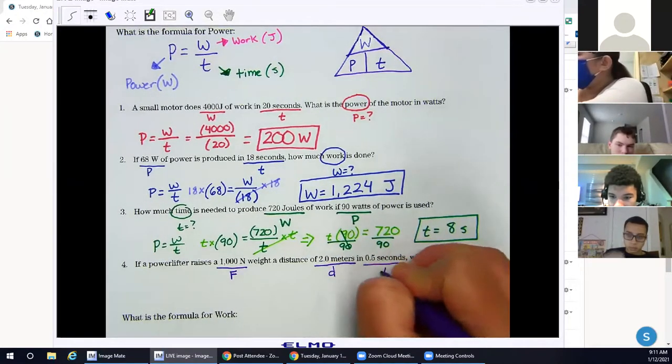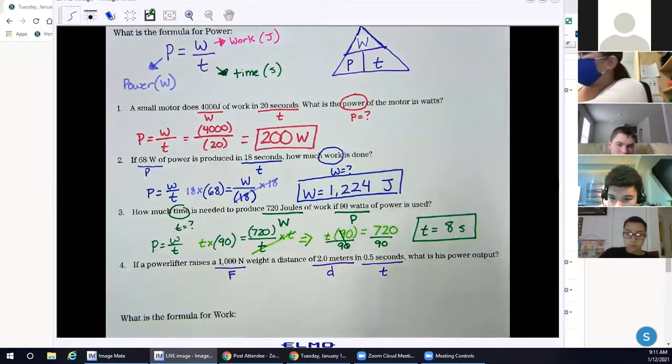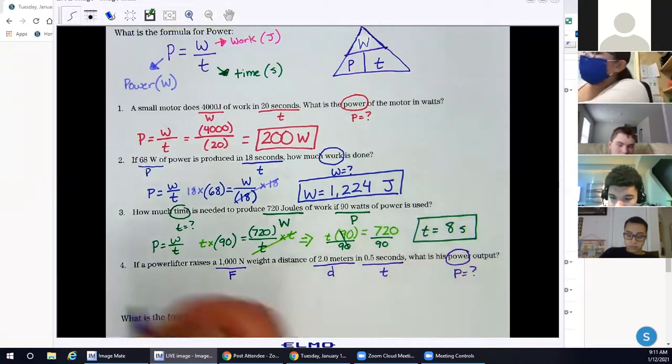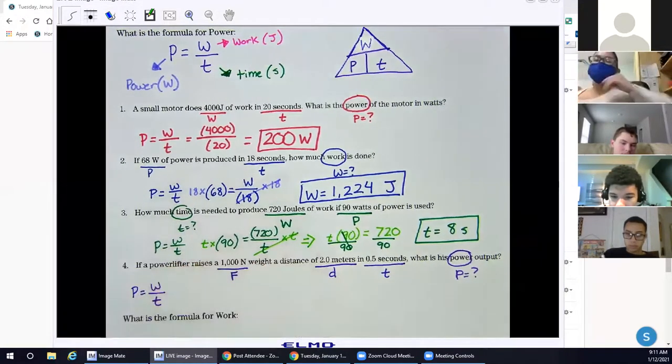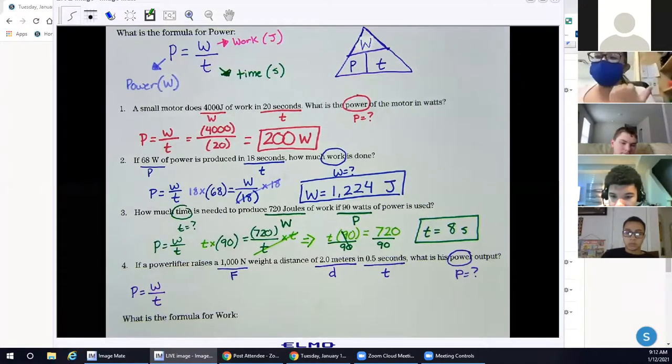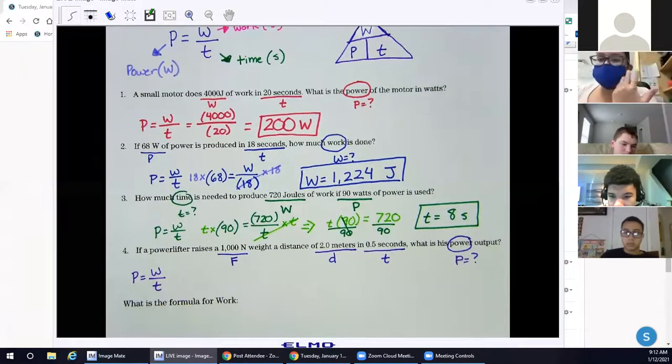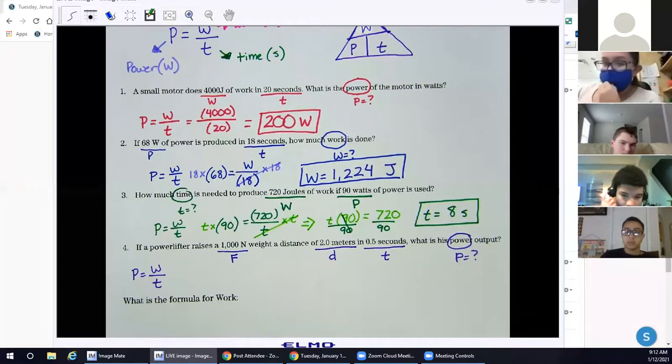That's my time. What is the power output? So we're looking for power again, and power is work divided by time. So again, what is a problem we have here? What are we missing? Our work. We're missing work.